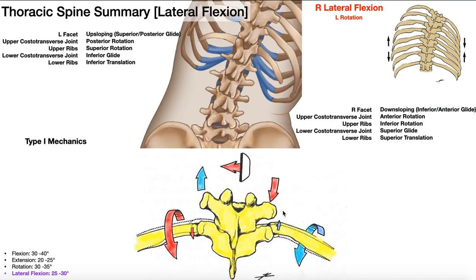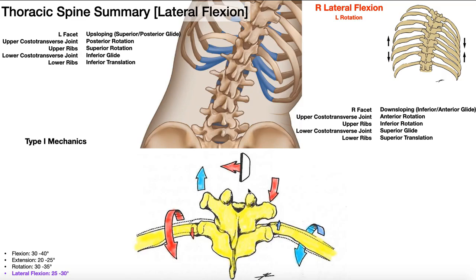Why is that? Look at this picture down here. This is also right lateral flexion, but it's just showing one intervertebral segment. When I laterally flex to the right, the right side's going to move down and the left side's going to move up, but there's rotation to the left. That's going to trigger a little bit of anterior glide of the right side relative to the vertebra below.